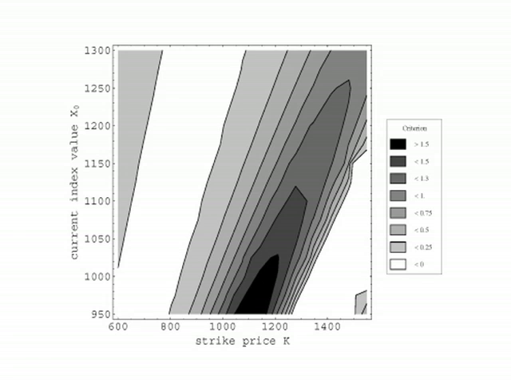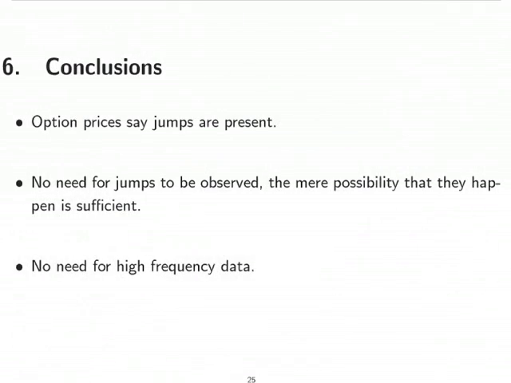And if you look at the whole surface, both in terms of current starting value as well as strike prices, which are your X and Y, what you see is the white areas are the areas where the criterion is negative. So if you have any white in this picture, you reject continuity. So that's that. So the conclusion is that option prices really say that jumps are present.